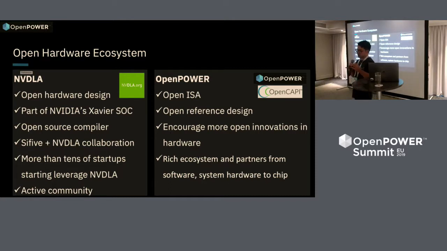I think it's a signal to the community that this kind of open source project can be integrated with a real CPU system. So far as I know, at least in China, there are many small startups basing their work on top of NVDLA. So NVDLA is a very promising project that is worth a try to connect with OpenCAPI.